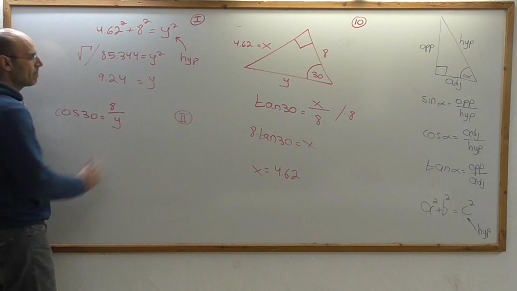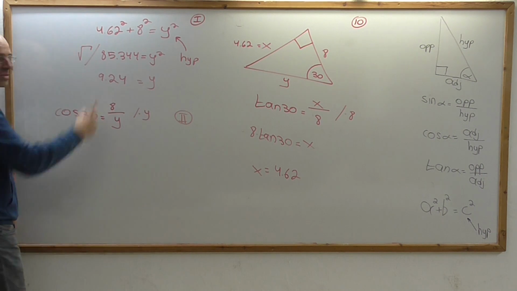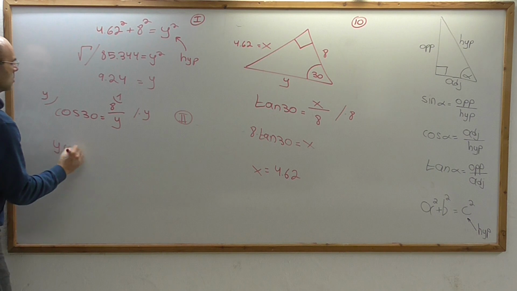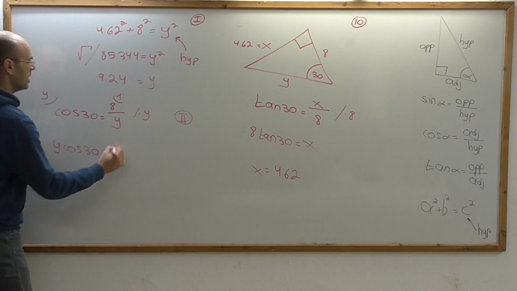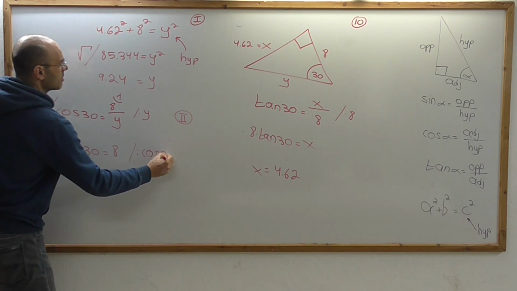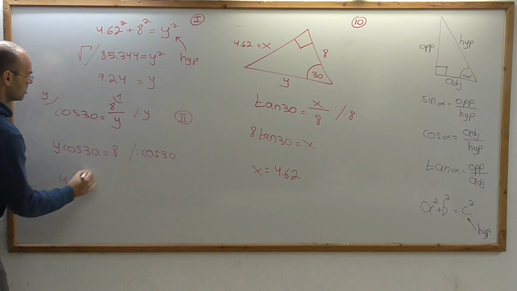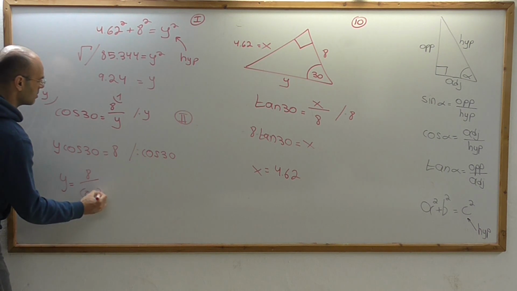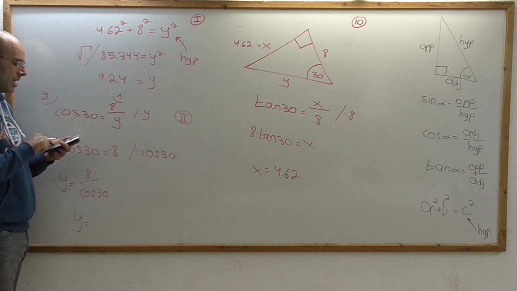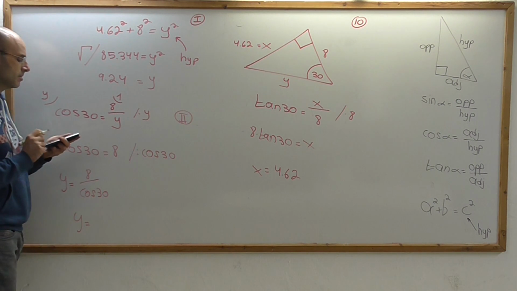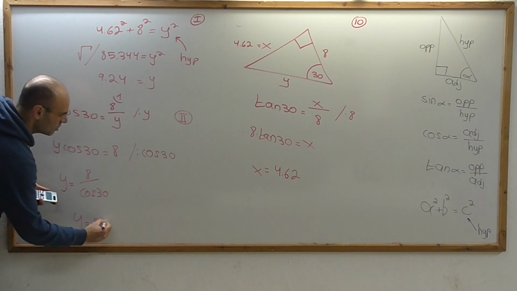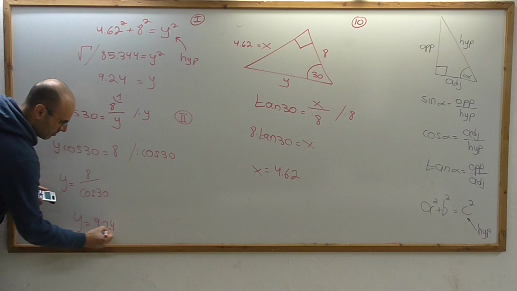Hip is y. Let's see if we get the same result. Y cosine 30 equals 8. We want the y, so we divide by cosine 30. Y equals 8 over cosine 30. Amazing. 9.24.